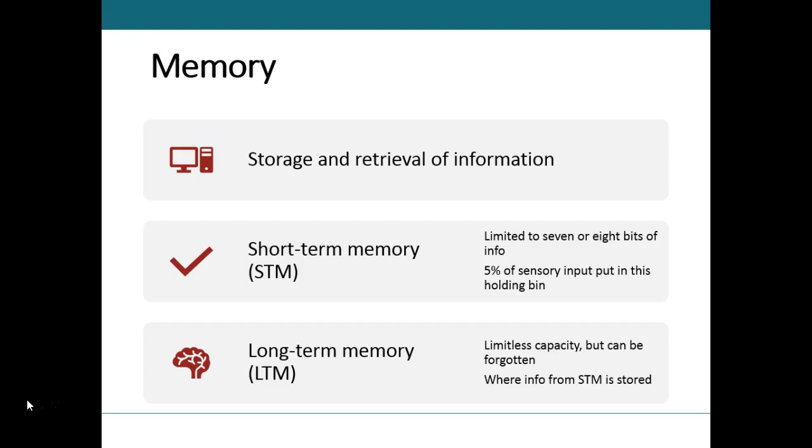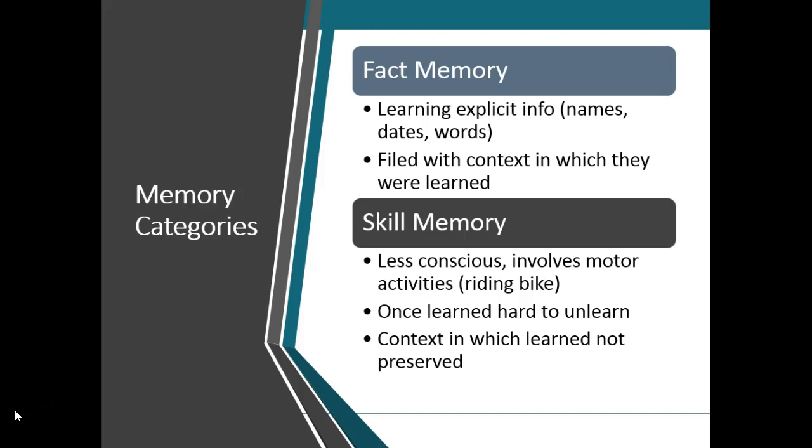So let's look just briefly at different types of memory. All right, remember, memory is the process where information is acquired, stored, and retrieved. So there are two main types of memory: declarative memory, which is sometimes called factual memory, and procedural memory, sometimes called skill memory. So factual memory is the memory of experiences that can be verbalized or declared.